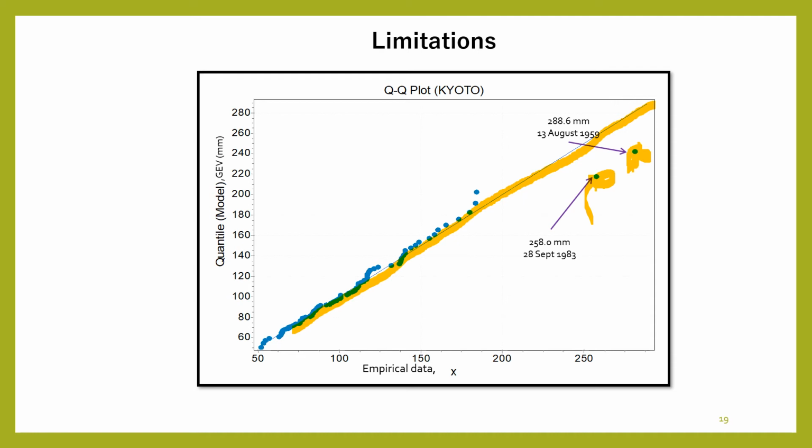Let's say you estimate the 100-year rainfall for Kelantan is 500 millimeter, but because you use the wrong distribution model, your analysis shows that your 100-year return period rainfall is only 200 millimeter. That is very not good because you underestimate your design.